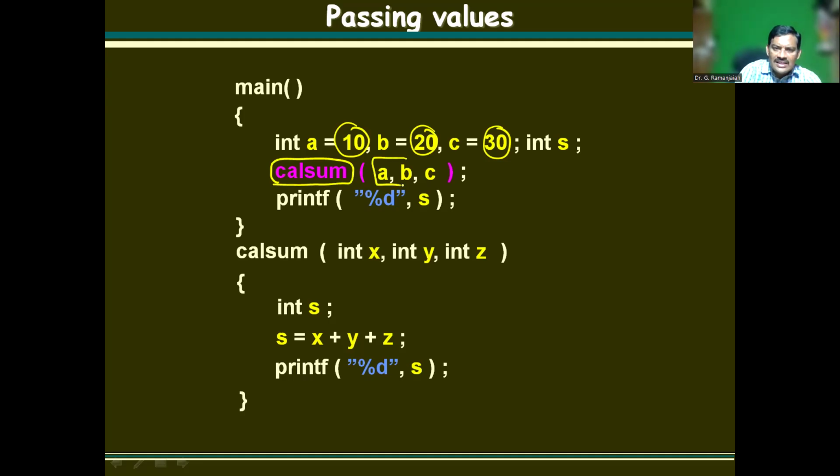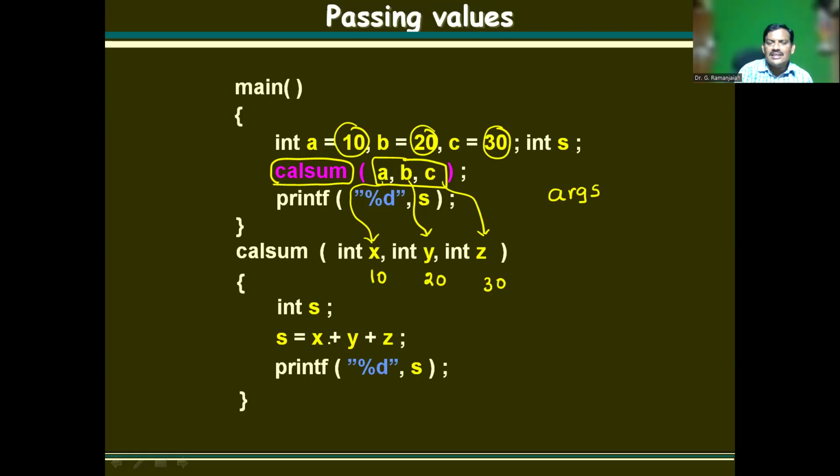These are called arguments. Whenever the function call occurs, immediately the value of a will be copied onto x, b will be copied onto y, c will be copied onto z. What is a? 10. What is x? 10. What is b? 20. What is c? 30.